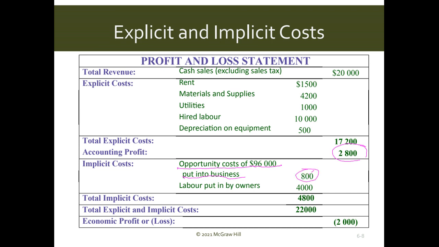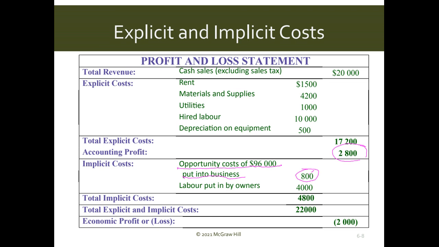Although this information is missing, you can easily calculate the interest rate. So if you put $96,000 and you are earning $800 a year, you can calculate 800 divided by 96,000, and multiply by 100 in order to calculate percentage.